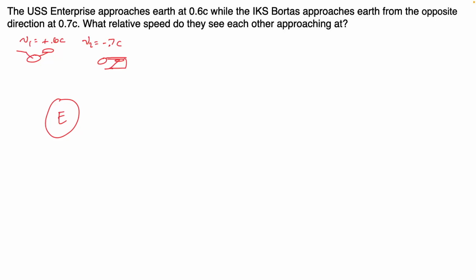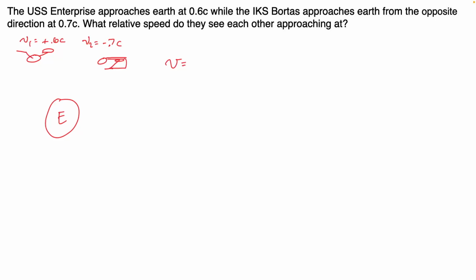And Picard wants to know how fast the Klingon ship is approaching, right? So we're going to use the equation that starts with V, because V is the relative speed that the two ships see each other at. V1 and V2 we know.